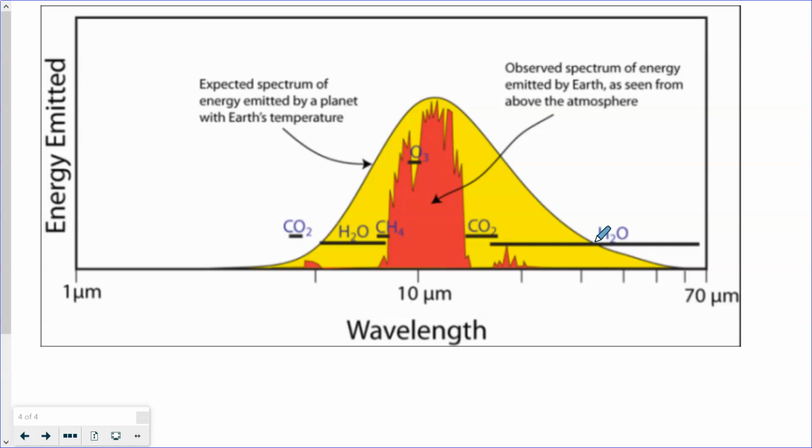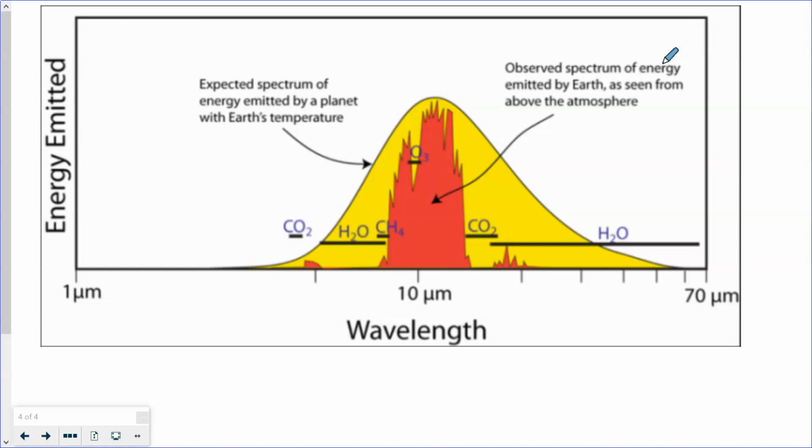It's not an observed number, it's a theoretical number. And the red here is what we actually detect, mainly through satellite data, what we see from above the atmosphere. So again, as infrared leaves the surface of the Earth and exits the Earth's atmosphere, how much actually makes it out.